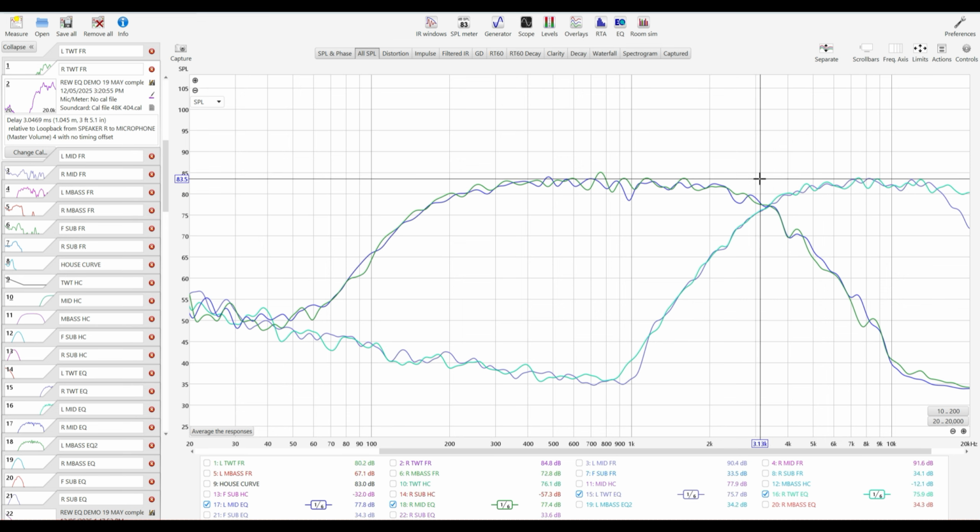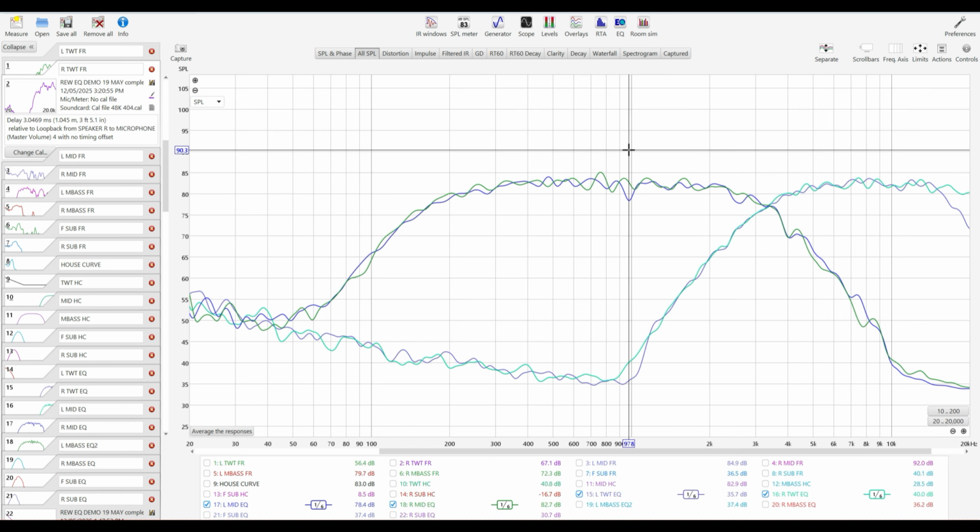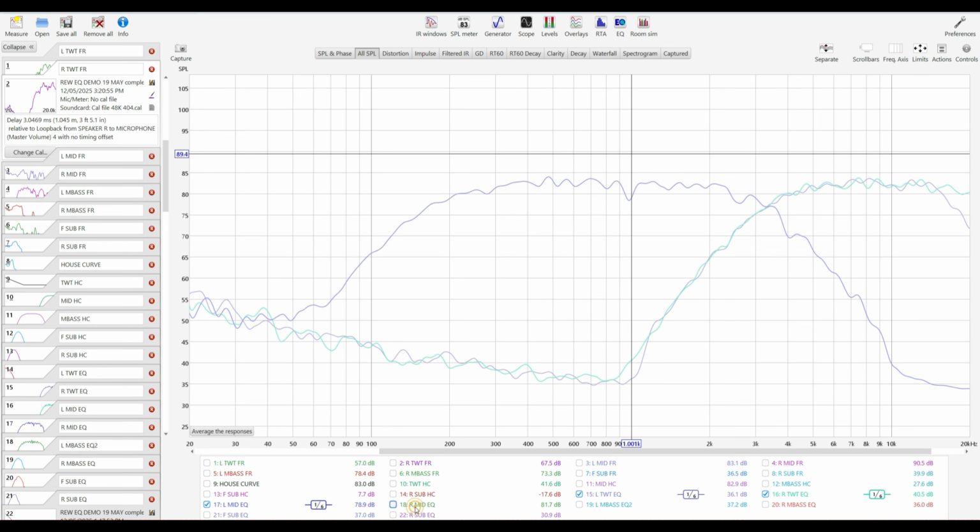As we move down the frequency range, the tweeter tends to fall away, and now we get to 1,000 hertz, and once again it's just the mids playing that, so we don't need to worry about the tweeters.